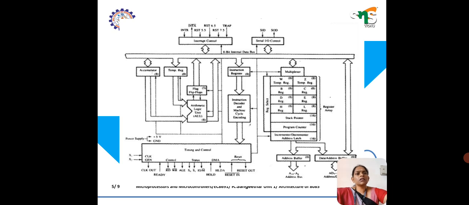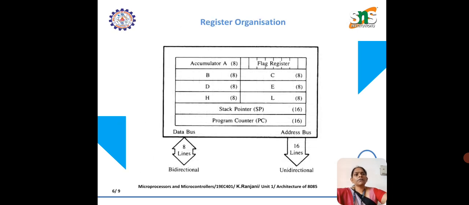This is the register organization where you have B, C, D, E, H and L. They can be paired to store 16-bit data, and with the stack pointer and program counter you can perform 16-bit operations. You have 8 bidirectional data lines and 16 unidirectional address lines.